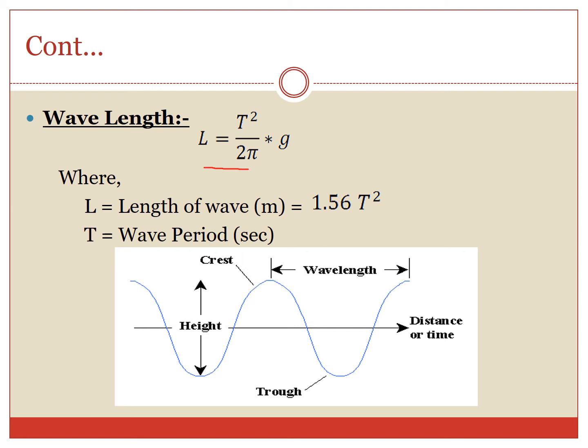L equals T square divided by 2 pi into g, where L, that is the length of the wave in meters, equals 1.56 T square, and T is denoted by the wave period in seconds. In this figure, you have been shown the crest, the trough, the height of a wave, the wavelength and the distance or the time taken.